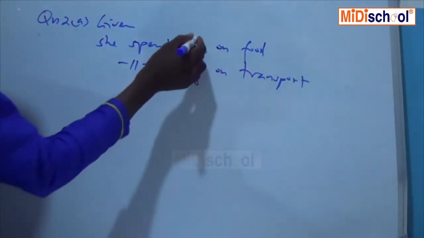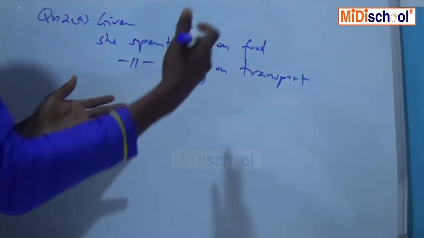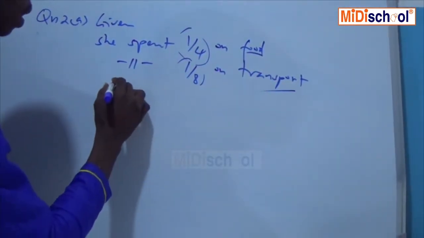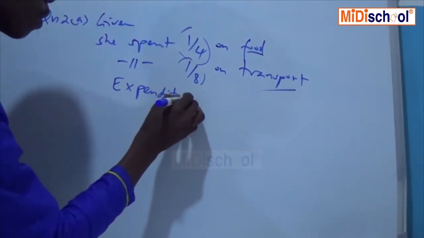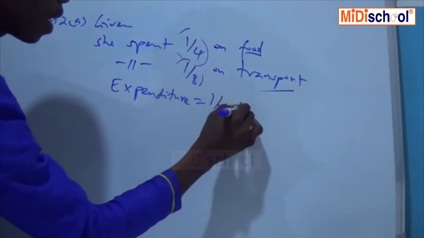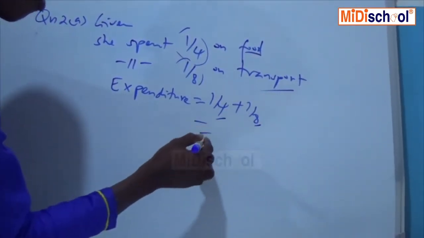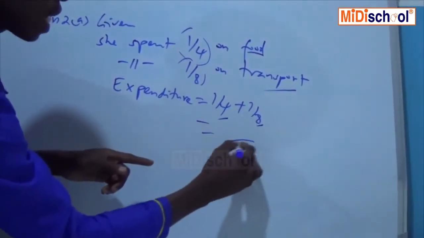So the overall is just the sum of these two. We sum up so that we know how much she spent on food and on transport. So the expenditure is going to be 1/4 plus 1/8. We have the common LCM here, the least common multiple of these two numbers, 8 and 4, is 8.